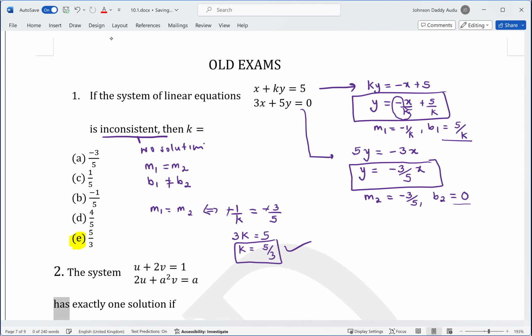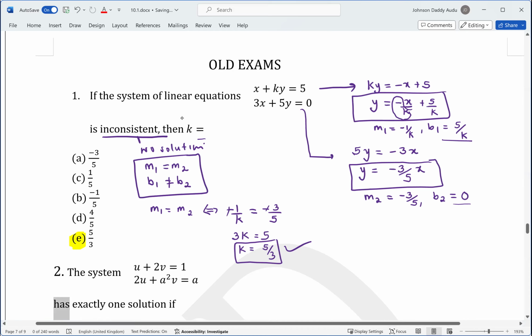The y-intercept for the first equation, if you substitute k to be 5/3 here, is not going to give you 0. So it's fine. So these conditions are satisfied. So look at it. This is what we used here to find the value of k. Now let's go to the second one.